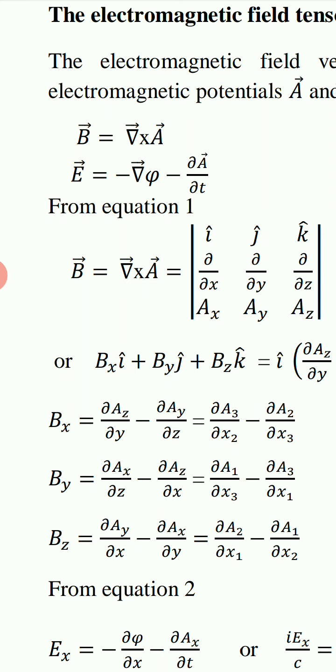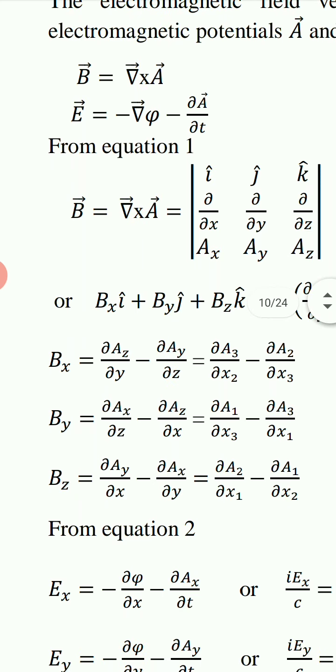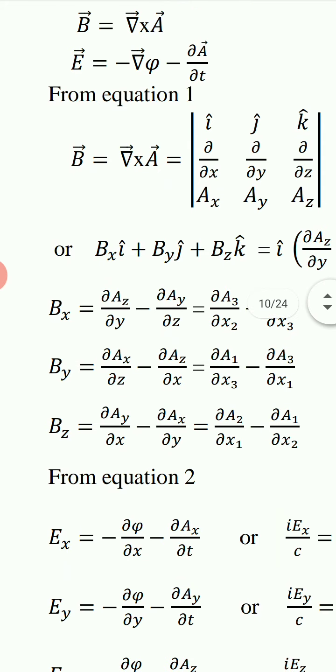From the first equation, which is B equal to del cross A, is equal to this determinant. In the first row we have i cap, j cap, k cap, 3 unit vectors. In the second row we have 3 components of del vector, that are delta upon delta x, delta upon delta y, delta upon delta z, and in the third row we have 3 components of A vector, that are Ax, Ay, Az.